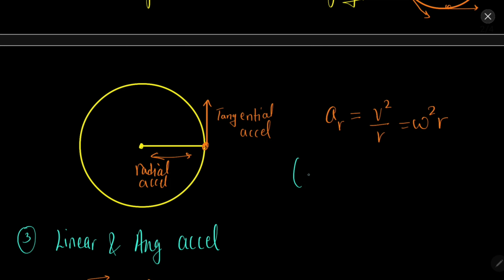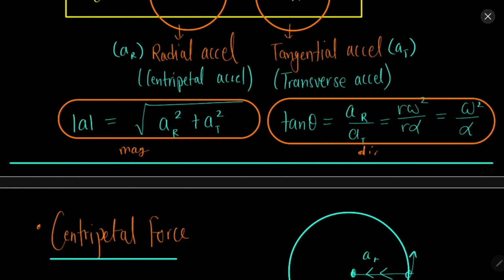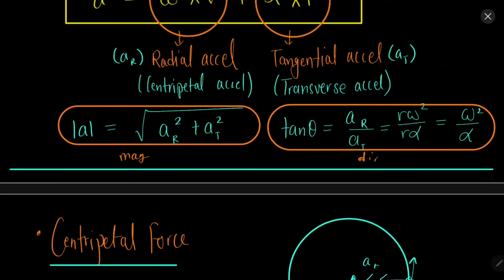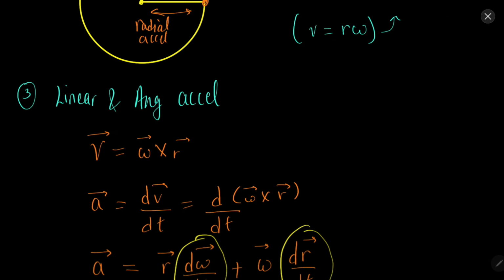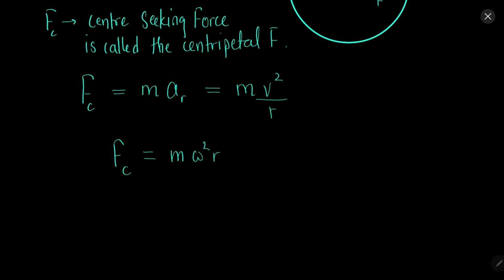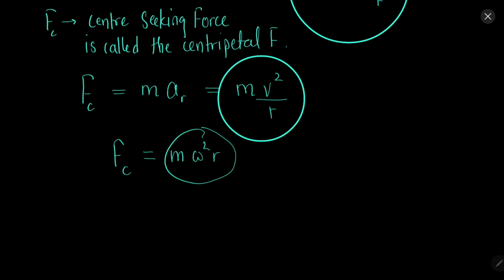What we have used here is that v is equal to r omega. So by that property we are getting this formula. So these two formulas are very important.